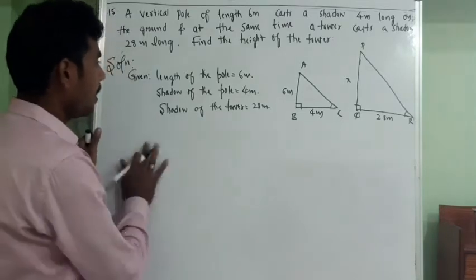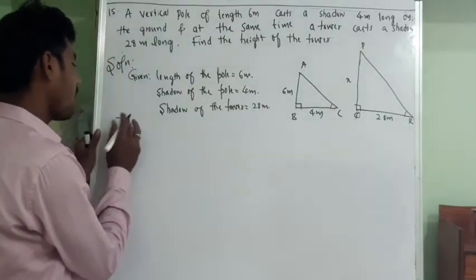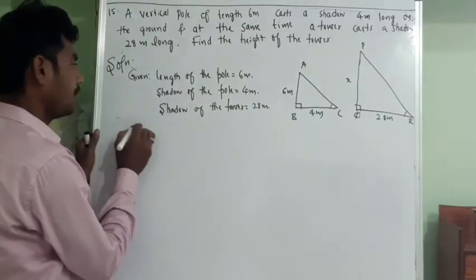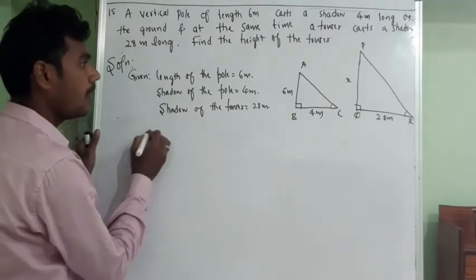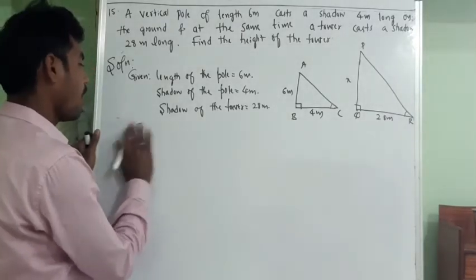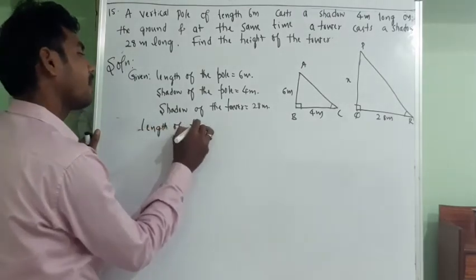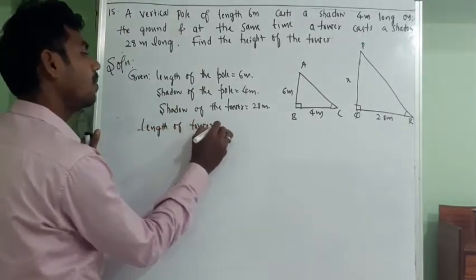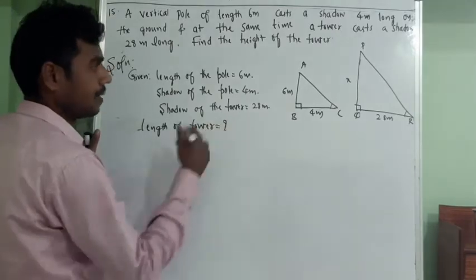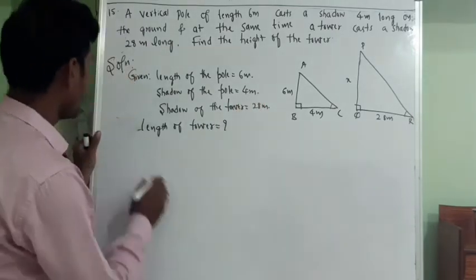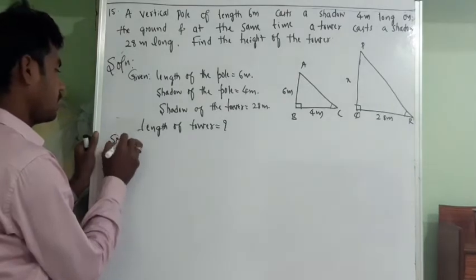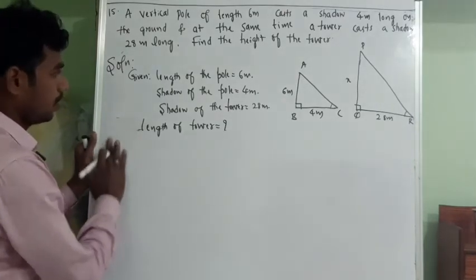Fine. Now what do we need to calculate? We need to calculate the length of the tower. We call it x. Okay. Now the exact solution will start here.